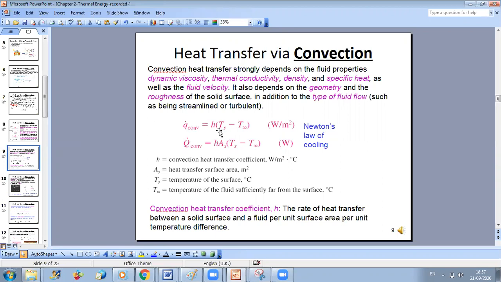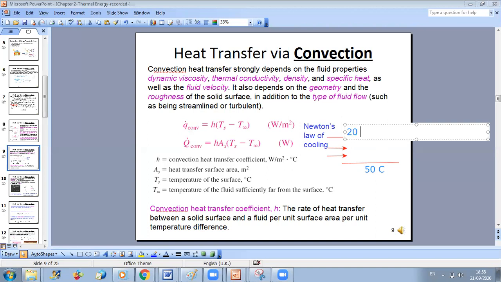So for example, if you have a solid surface and you blow air over the surface, let's say I give you that the temperature of the surface is 50 degrees, as in the previous example, and we are blowing air over it with its initial temperature of 20 degrees.